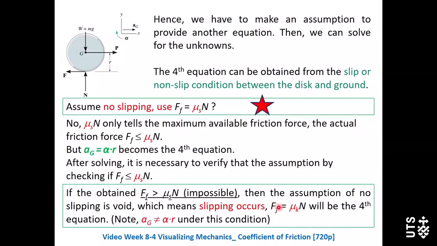This will be your force equation. In this case, you can't use Ag equal to alpha r, because slipping occurs. Ag will not be equal to alpha r.